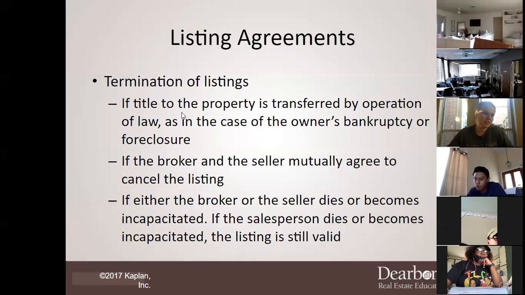That's one of the things about an independent broker. When you're not part of a nationwide firm, that's one of the drawbacks: if you only have one broker and no other brokers, and that broker dies or becomes incapacitated, that whole firm is pretty much gone.